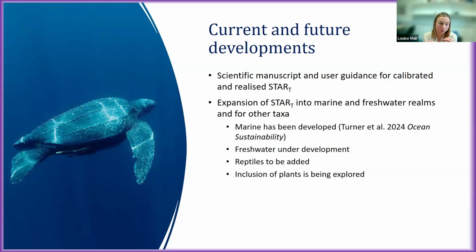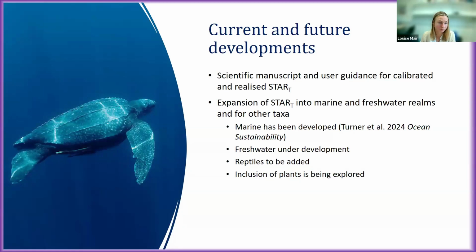So this is a big challenge, working out how we can deal with that level of uncertainty in the data, which is partly a reflection of the kind of under-recording and the much smaller effort that goes into observing plants compared to observing animals.